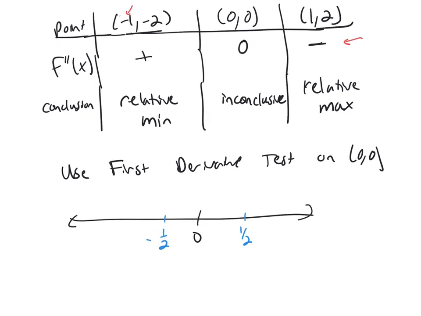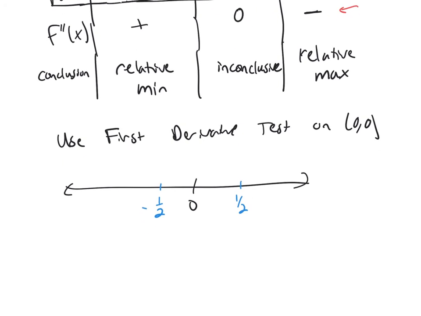If you plug them into your first derivative, let's remind ourselves what our first derivative was. It's -15x squared. So if you plug in 1/2, it'll be a negative times a negative, so it'll be positive. It'll also be positive if you plug in -1/2.